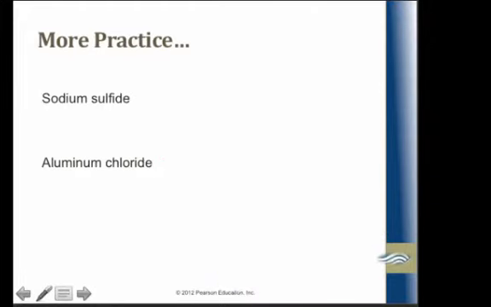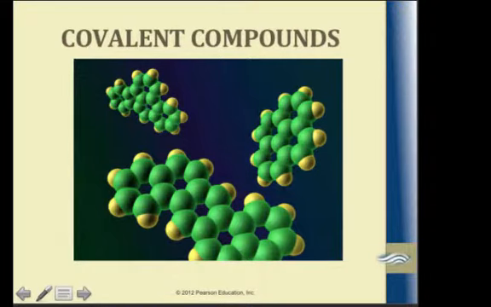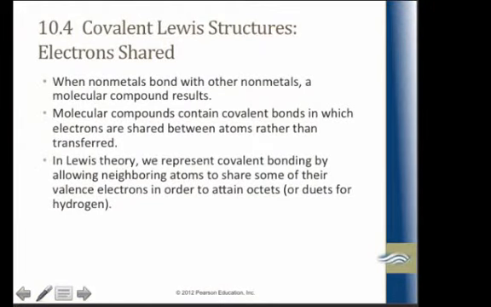Let's move on to covalent compounds. As you recall, covalent compounds, nonmetal, their orbitals overlap and they share electrons. Because nonmetals are medium in electronegativity, they're adaptable and they do whatever's necessary for the atoms that they bond with.